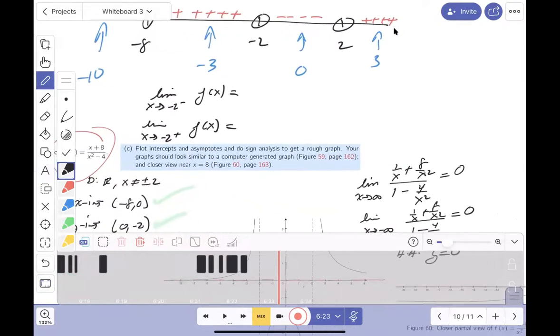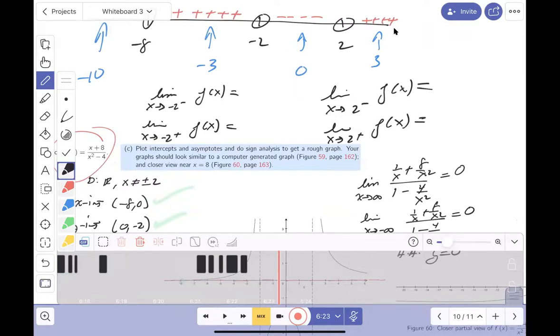Scoot this over a little bit. The limit as x goes to 2 from the left, and the limit as x goes to 2 from the right, of f of x. I'm just initially going to talk about signs, and I want to emphasize what we're talking about over here. Minus 2 from the left is a positive number.